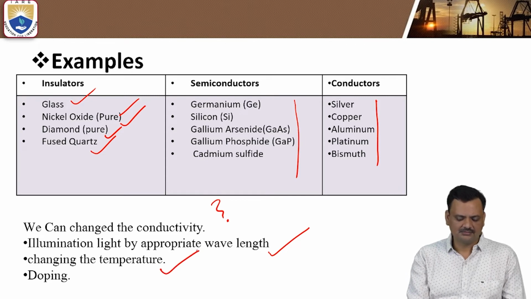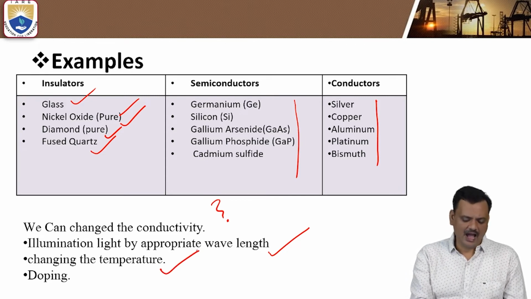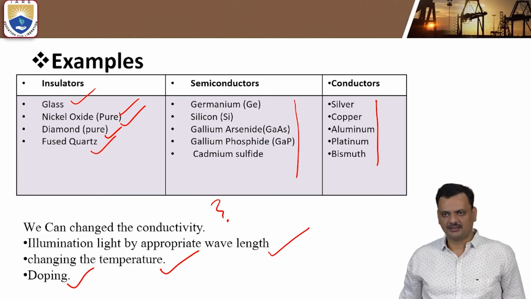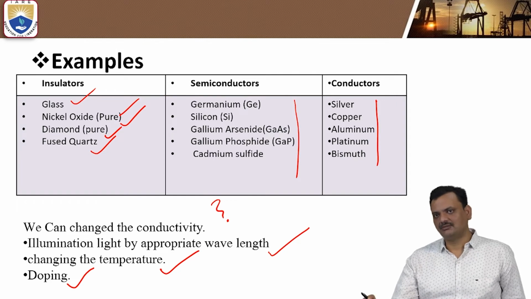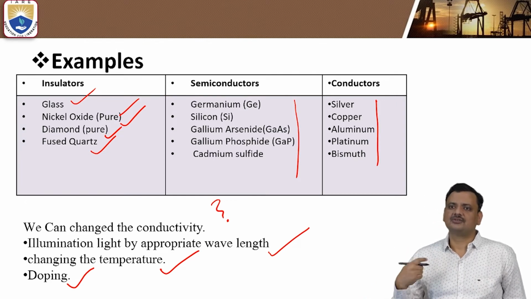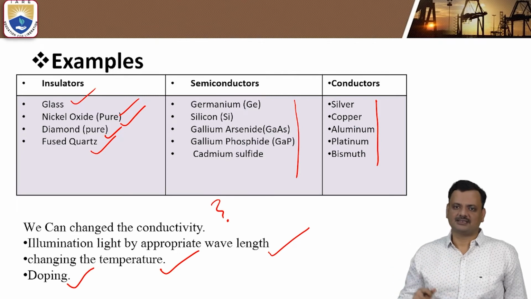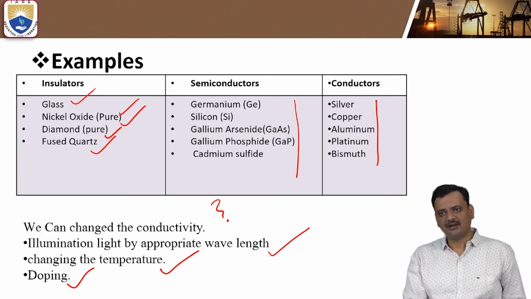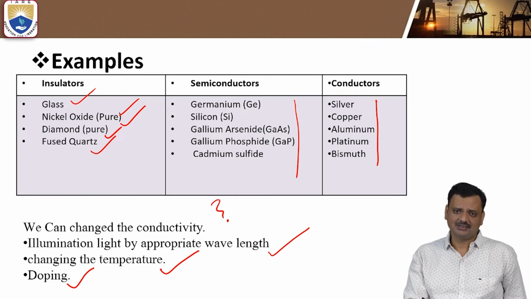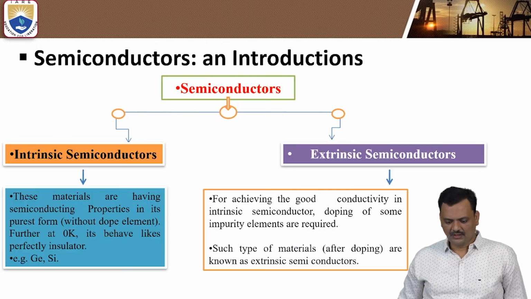We can also change it by changing the temperature or by adding some impurity element, meaning doping. That tuning property of conductivity makes semiconductor material so important for device applications. And how do we tune it? By illumination with light of appropriate wavelength, by changing the temperature, and by doping.